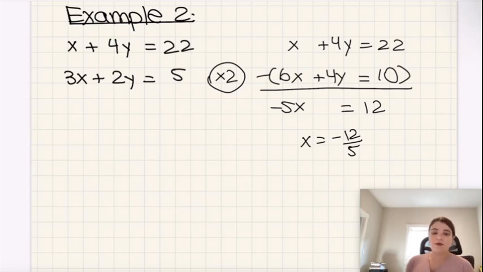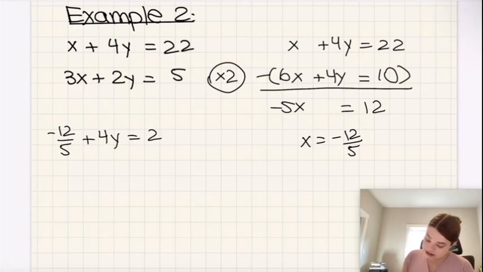Okay, next I'm going to plug x equals negative 12 over 5 back into one of my original equations, it doesn't matter which, and solve for y. So I'll just plug it into the first one. Negative 12 over 5, which is x, plus 4y equals 22.